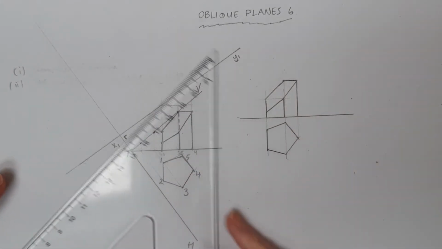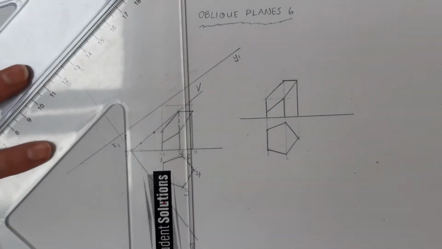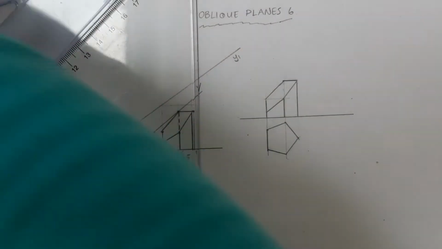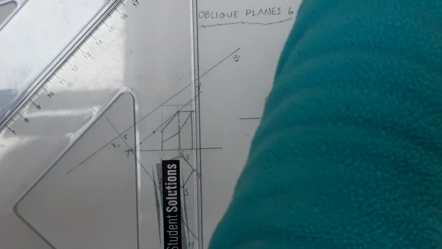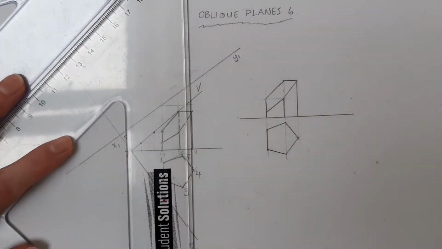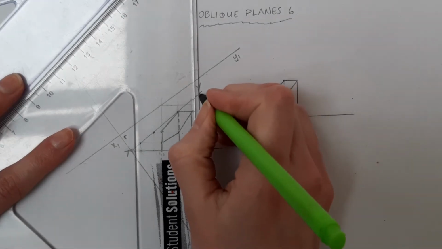So I could choose this one or this one or this one. But I would always say to you, draw a vertical line that's tall enough for you to measure it with your compass. So that's all I'm going to do here now, just in a different colour. So I'm just creating a new height line.